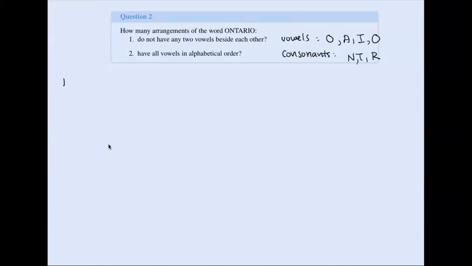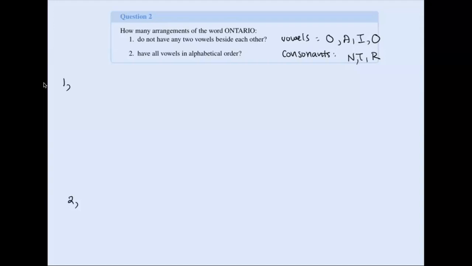Anyone got the answer for part one? How do we make sure that no two vowels will be next to each other?